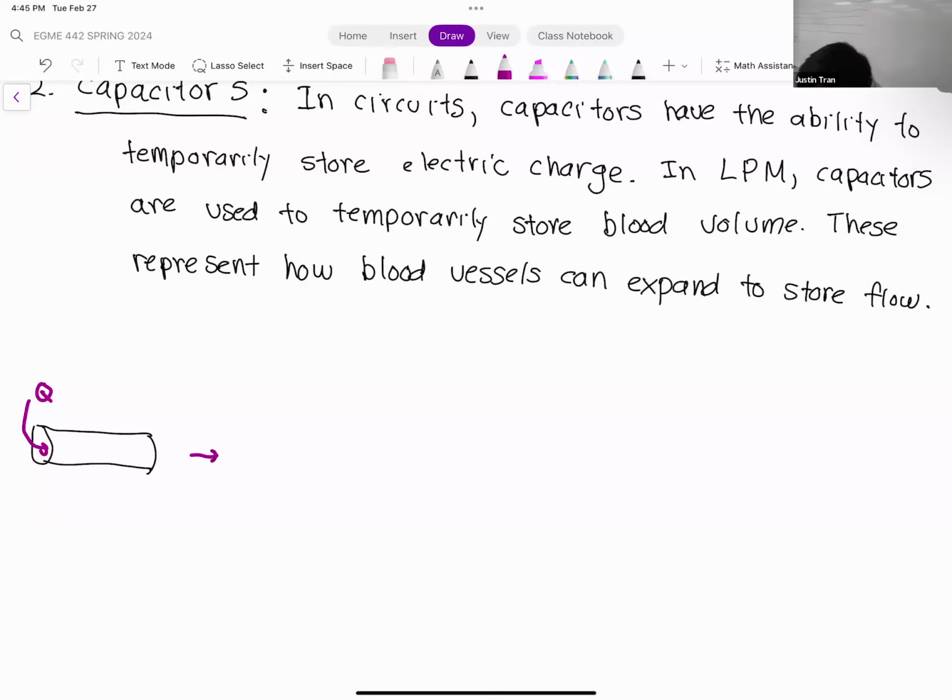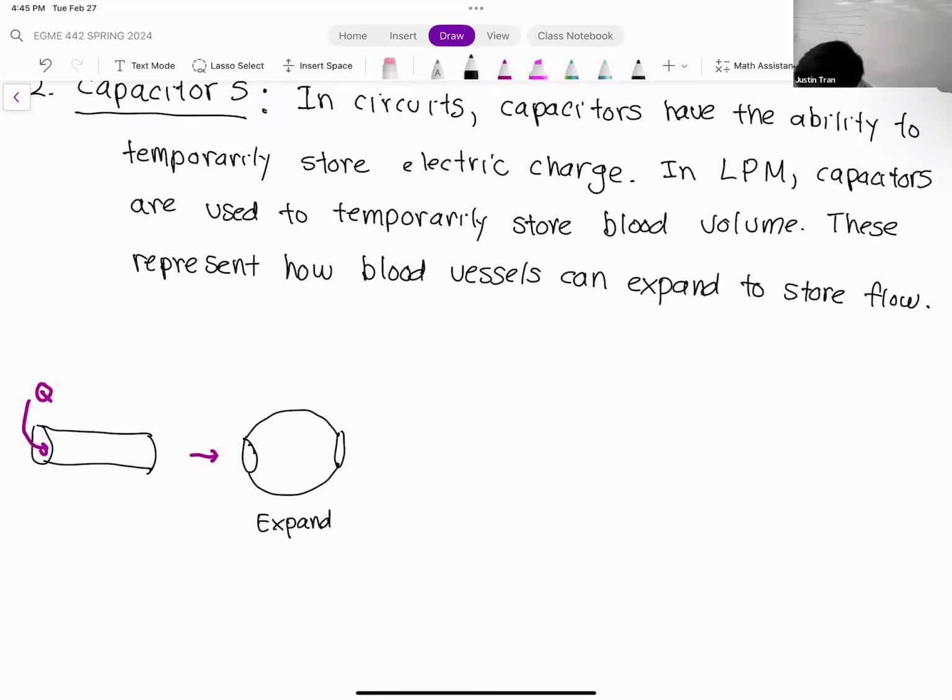Because of the resistance of the capillaries, all that blood can't rush through the entire system at once. And so your blood vessel is going to expand to temporarily store that flow, so it has somewhere to go.